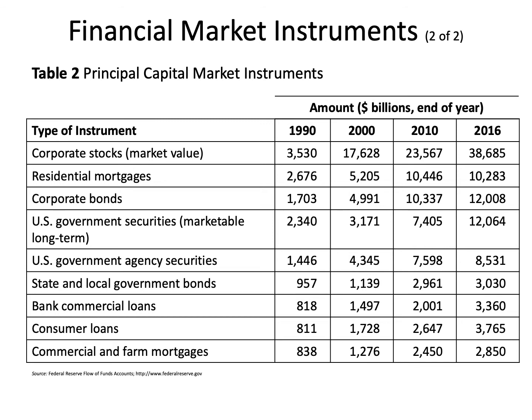US government securities, long term, 12 trillion. US government agency securities, 8.5 trillion. State and local government bonds, bank commercial loans, consumer loans, commercial farm mortgages, and residential mortgages. All these are capital market instruments where borrowers can actually receive funds for longer term.